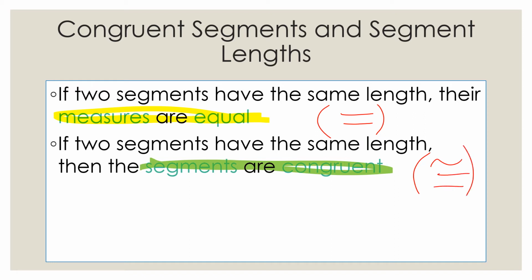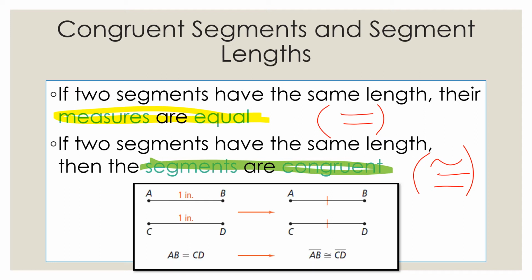Make sure that you know the difference between an equal sign and a congruent sign. With an equal sign, you are using numbers. So let me do this here. Equal sign means numbers.